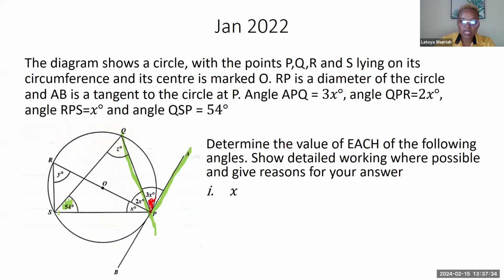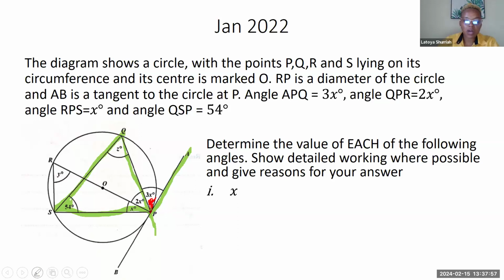So if you notice the angle at S, which is 54 degrees, it is formed on the same chord QP. See it here? QP. So this angle 54 and the 3x are equal. That's a theory we just explored.